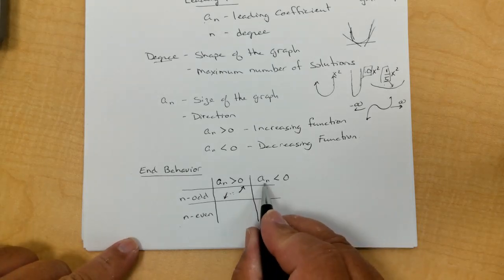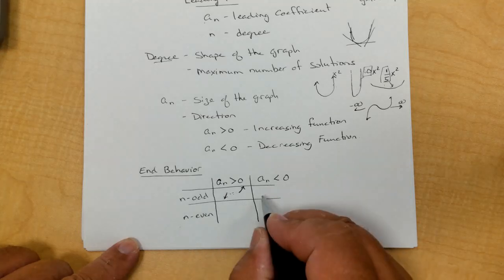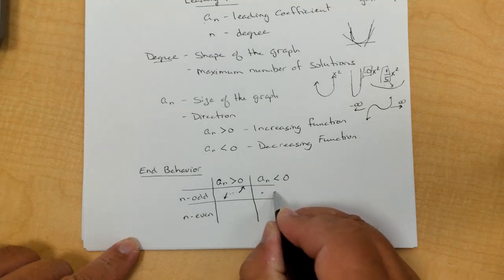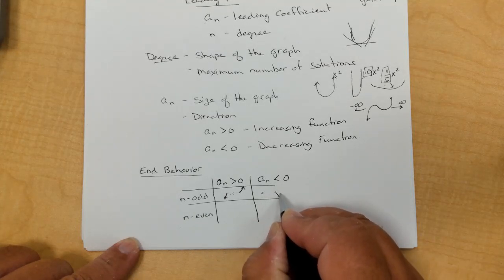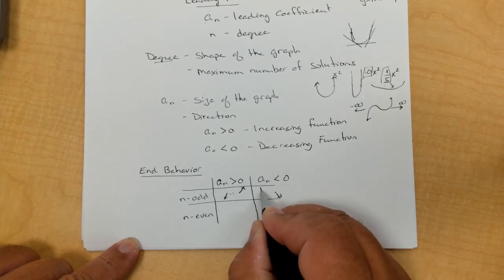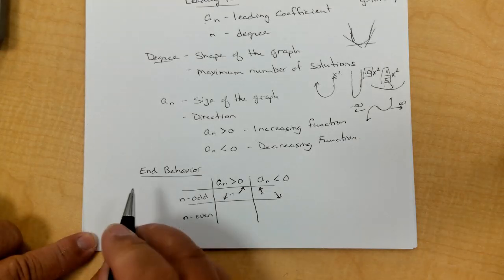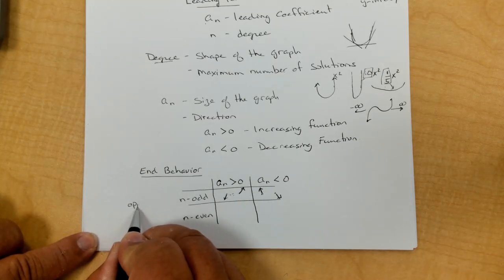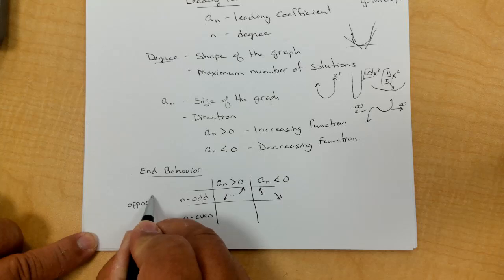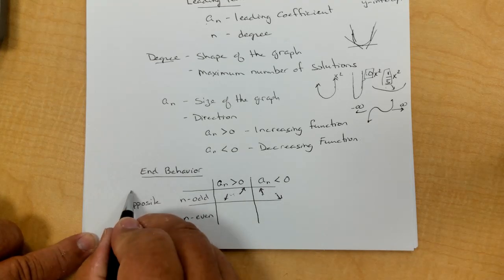If the leading coefficient is negative and n is odd, the ends go down to the right and up to the left. So if the degree is odd, the directions are opposite.